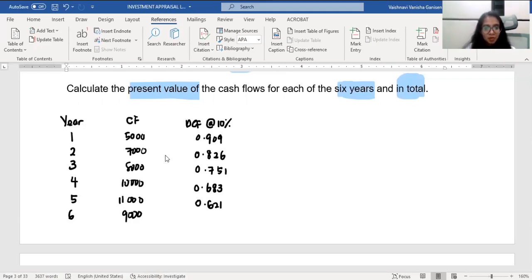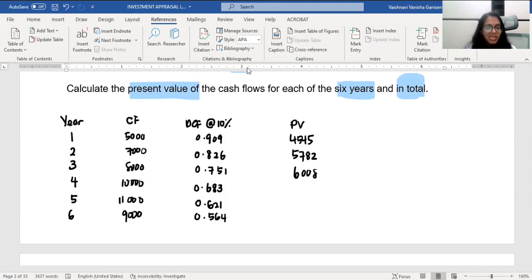And 0.564. Now, he asks you to calculate the present value for each of the 6 years. So I do 5,000 multiply 0.909, and here you get 4,545. For year 2, 7,000 multiply 0.826, 5,782. Year 3, 8,000 multiply 0.751, 6,008.